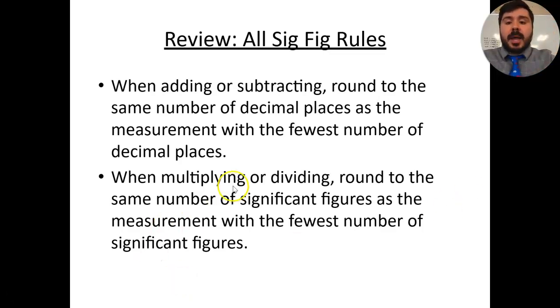When it comes to multiplying or dividing numbers, we're going to make sure we round to the lowest number of significant figures. So if there's a set of 3 numbers being multiplied and 2 of them have 4 sig figs and 1 of them has 3 sig figs, the lowest number of sig figs is 3. So we make sure our final answer, our product, becomes an answer with only 3 sig figs. Lowest number of sig figs for multiplying and dividing; for adding and subtracting, it's the lowest number of decimal places.